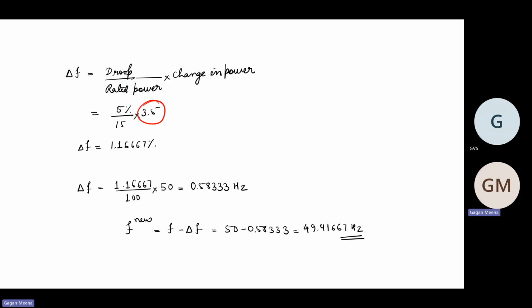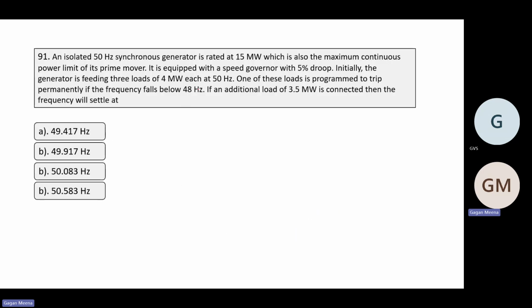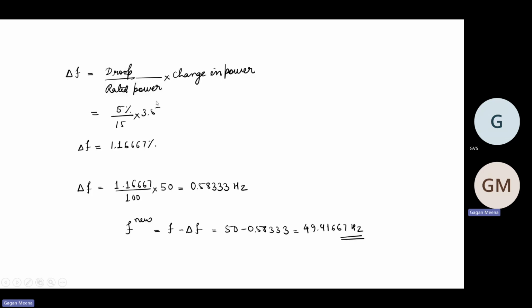Change in power is 3.5, droop is 5%, rated power is 15. So this is delta F in percentage. Converting to hertz, we find the frequency is 49. The load is programmed to trip below 48 hertz, so nothing will happen. The load will not trip, and it will still be able to satisfy the increased load.